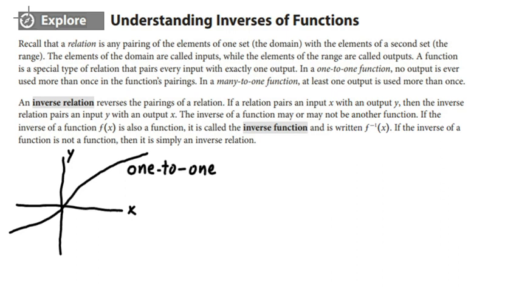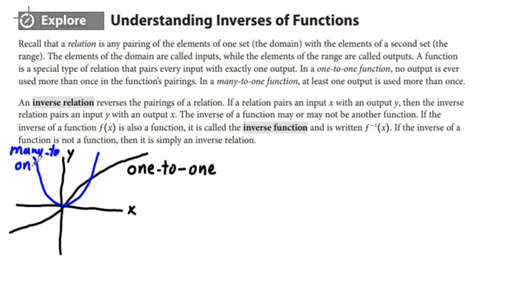So I'm going to make a counter example here. If we have this function here, which is going to be like the quadratic parent function, this is going to be what we would call a many-to-one.